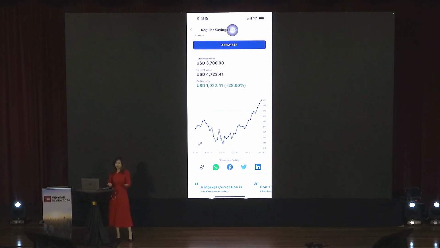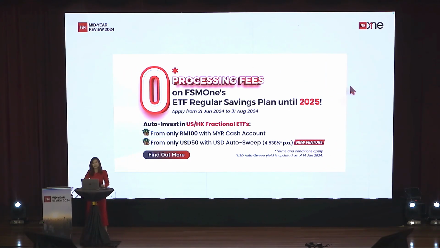Take it like savings for yourself, or maybe for your kids, for future planning. This is one of the features that you guys can look into. You can even approach our CIS to know more about it. We are actually giving 0% processing fees for all of our ETF regular saving plans, for all of the supported US and also Hong Kong ETFs.